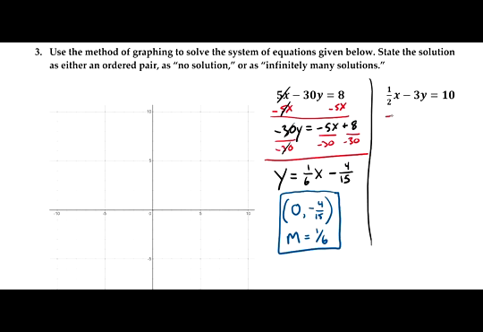So we could subtract 1/2 x from both sides. That'll cancel the 1/2 x's, and we'll bring down the minus 3y, which is equal to minus 1/2 x plus 10. And to get y by itself, we'll divide both sides by negative 3.